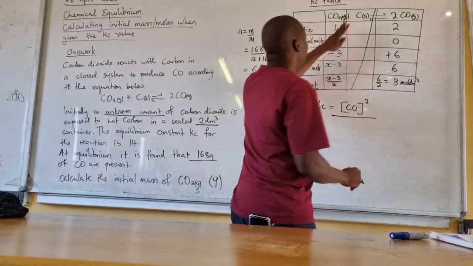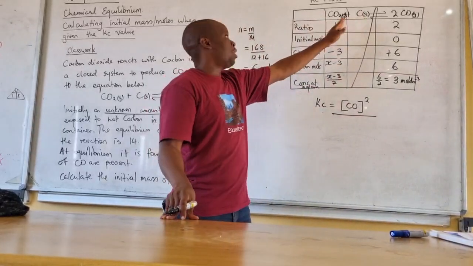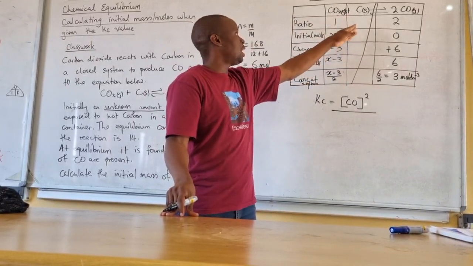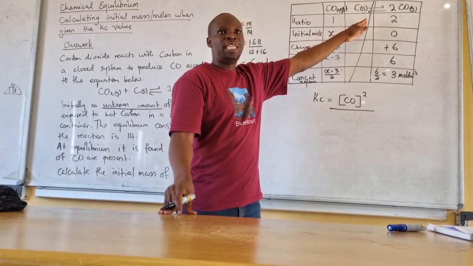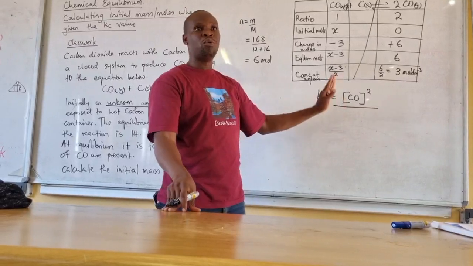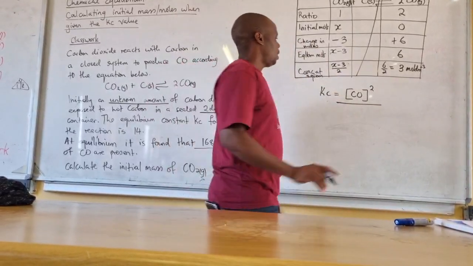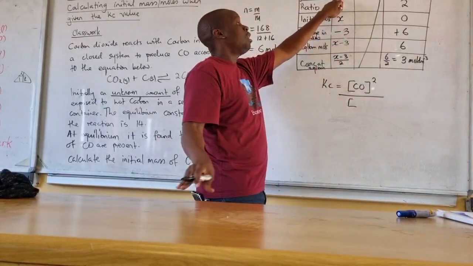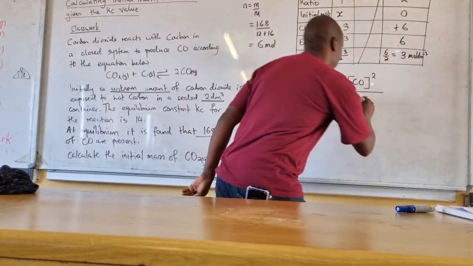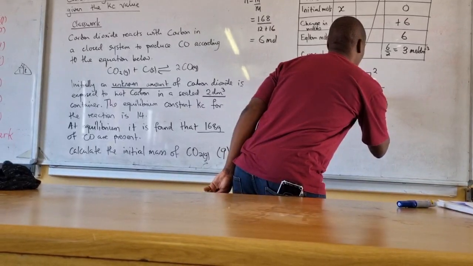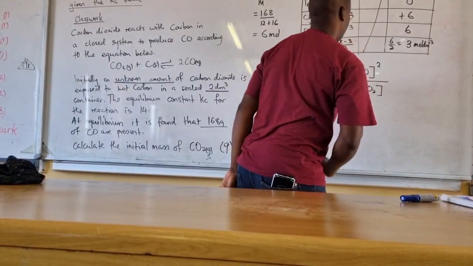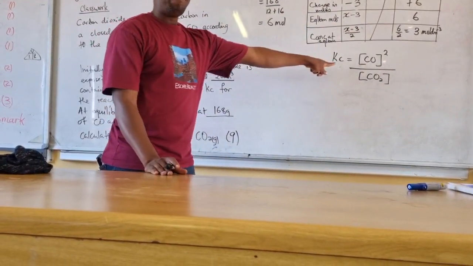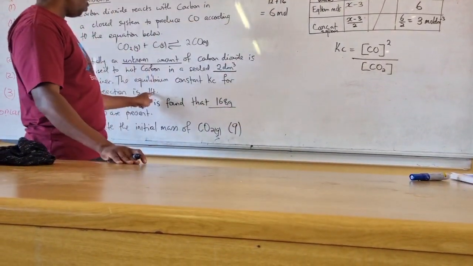Divided by, we have 2 reactants, but one of the reactants, like I indicated earlier, is in solid state. It cannot be included in the Kc expression. So we are going to only consider carbon dioxide, CO2. That is our Kc expression. Kc value is given, it's 14.